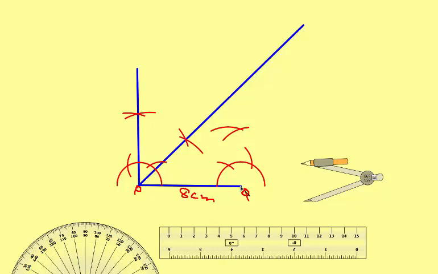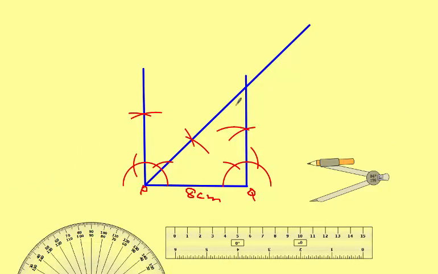So what you have to do now is draw a line from Q through this point to intersect this. Right. So we will now call that point R. So this is point R. So that is our triangle PQR.